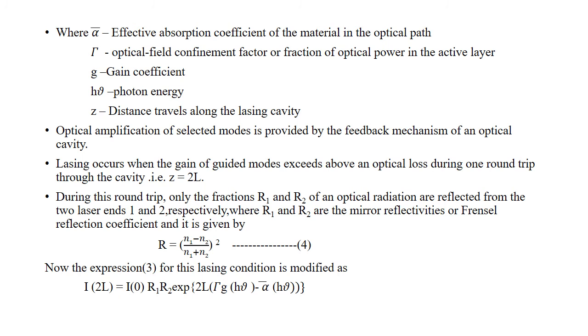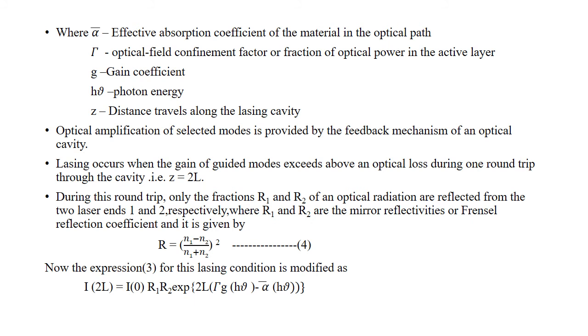Optical amplification of selected modes is provided by the feedback mechanism of the optical cavity. Lasing occurs when the gain of the guided modes exceeds optical loss during one round trip through the cavity, that is, z equal to 2L. During this round trip, only the fractions R1 and R2 of optical radiation are reflected from the two laser ends 1 and 2 respectively, where R1 and R2 are the mirror reflectivities or Fresnel reflection coefficients, given by R is equal to n1 minus n2 divided by n1 plus n2, the whole squared.